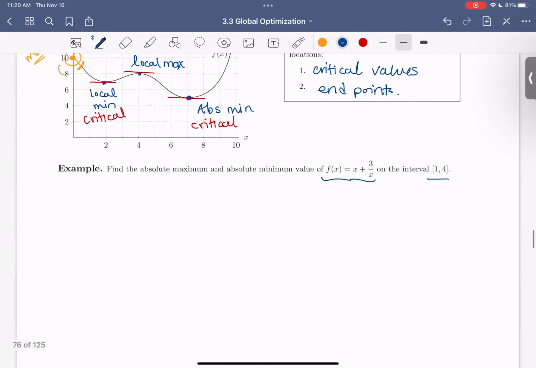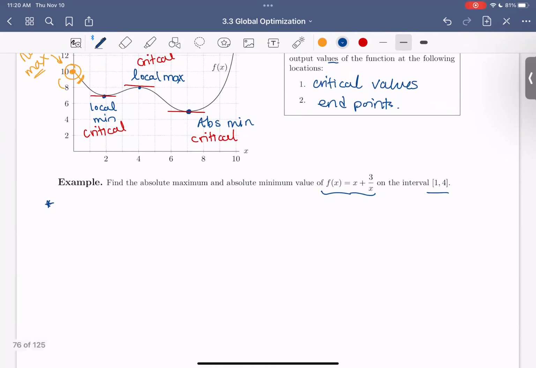As we saw in that preliminary example, what we need to do is check the function value on endpoints and critical points. And when I mean check, I mean compute the output values of f and see which output value is larger.